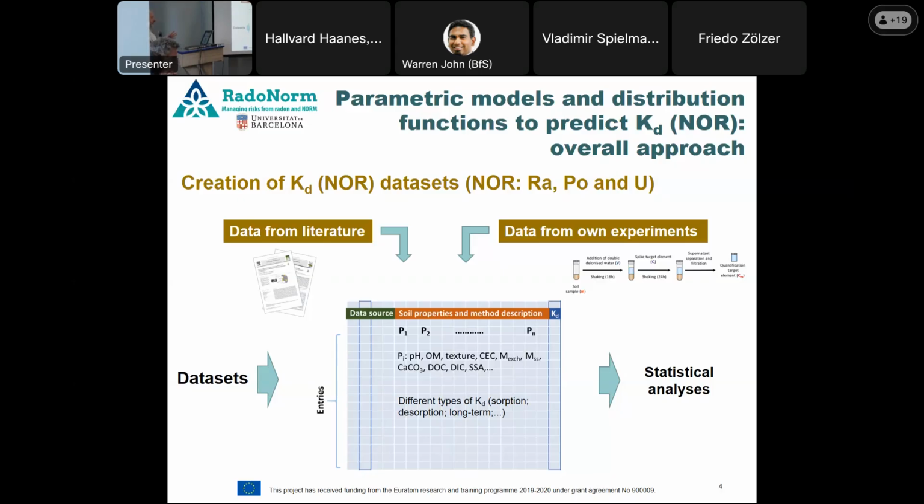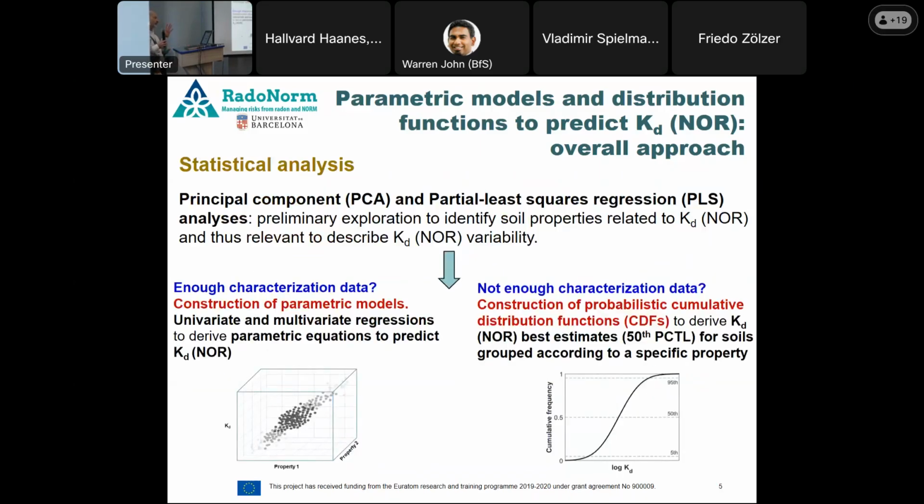From this data set, we are ready to apply statistical analysis in order to derive predictive KD models. Mainly, we have applied typical statistical analyses like principal component analysis and partial least squares regression in order to explore which are the relevant soil properties affecting KD values, affecting KD variability.